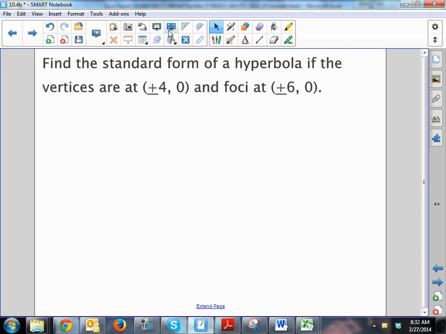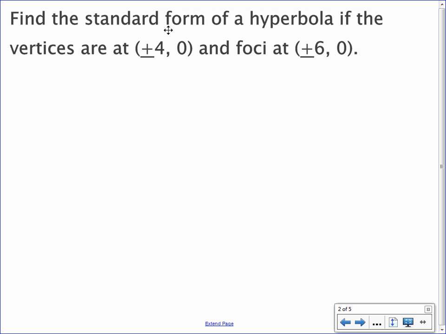Okay, so now we're going to actually do those examples where we're going to go backwards. So let's just remind ourselves of the standard form for our hyperbolas. We either have (x minus h) squared over a squared minus (y minus k) squared over b squared equals 1.